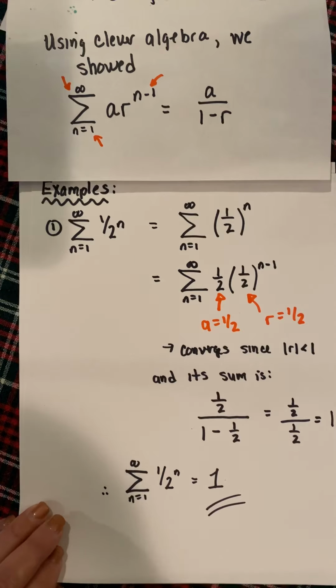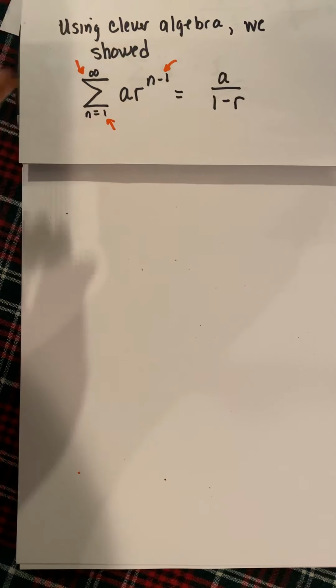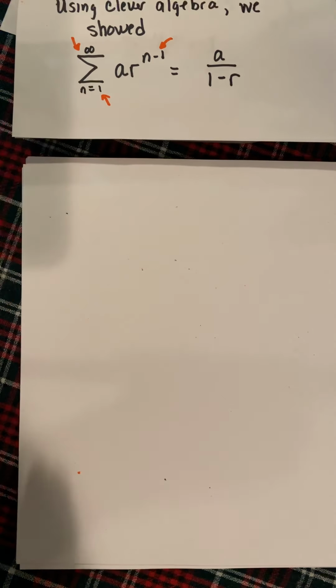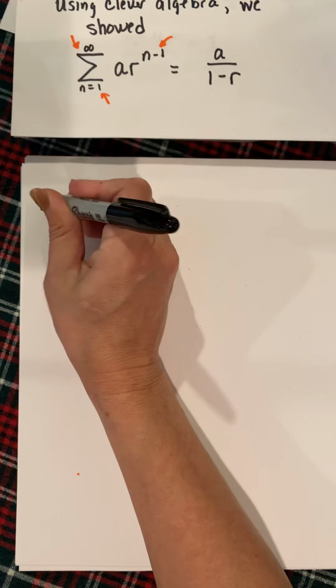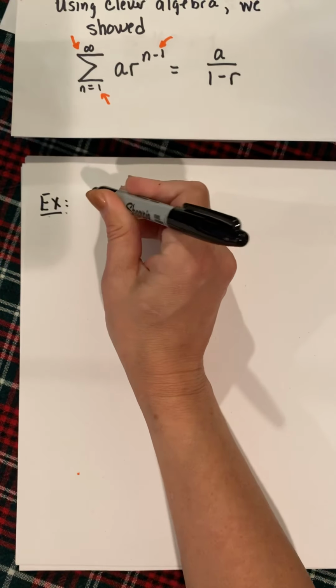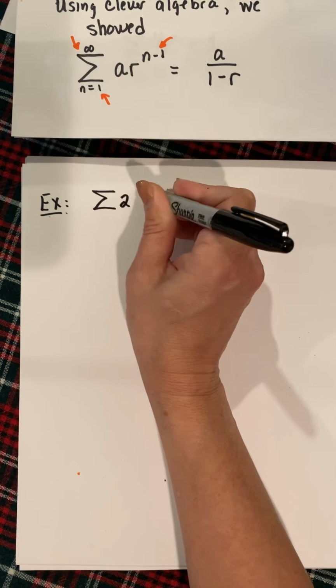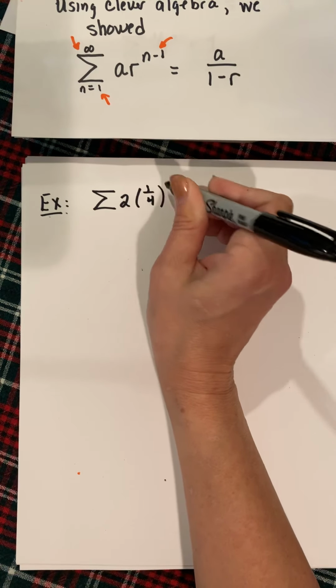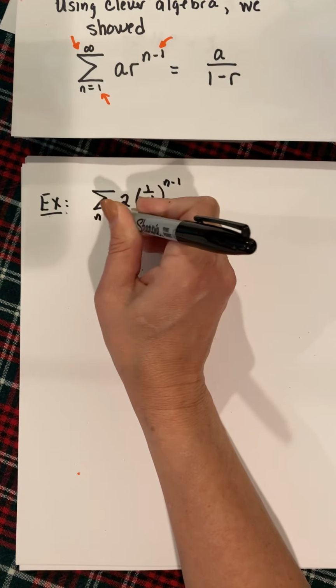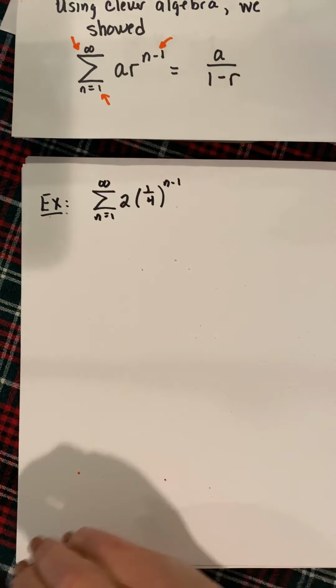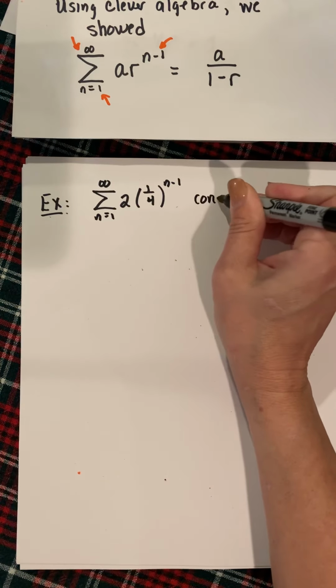Okay, again, we want to get it into this form in order to use this template. So let's suppose I had given you this series: 2 times 1/4 to the n minus 1 power, n equals 1 to infinity. This converges.